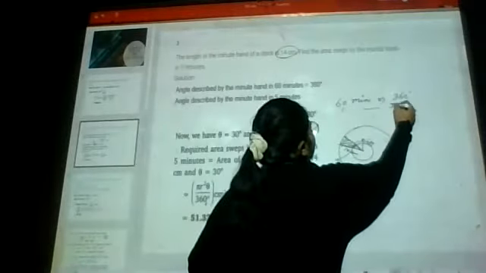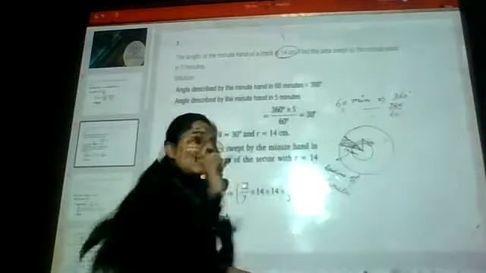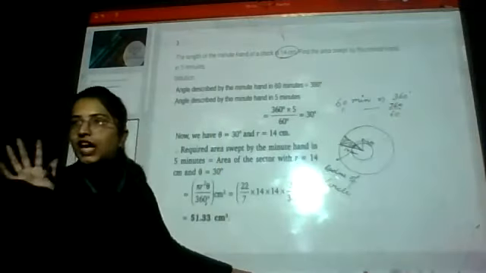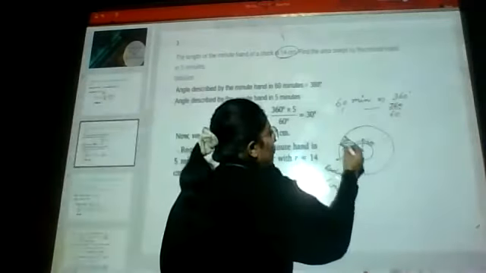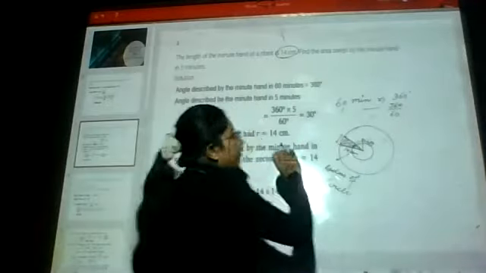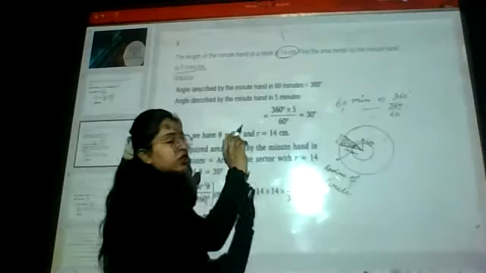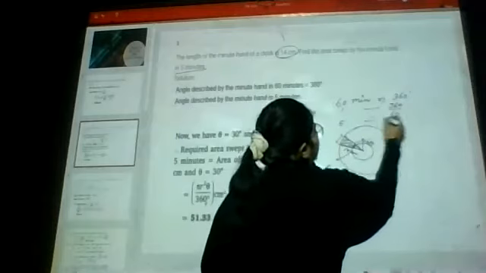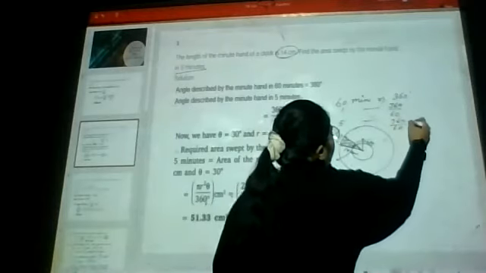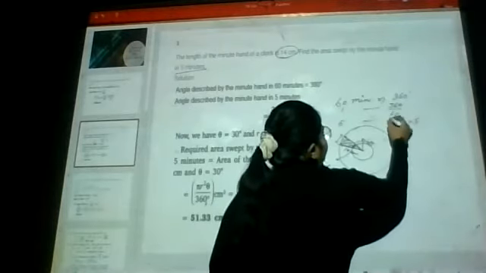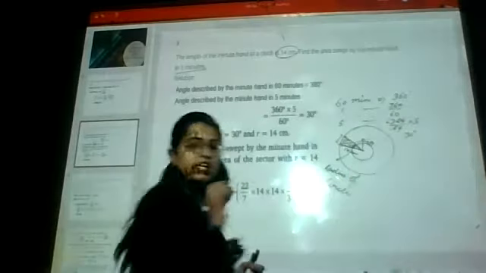For 1 minute, it would make 360 upon 60. But I want only 5 minutes, because I have to find the area after 5 minutes only, right? So for 5 minutes, 360 upon 60 into 5. That is 30 degree. Theta would be 30 degree.